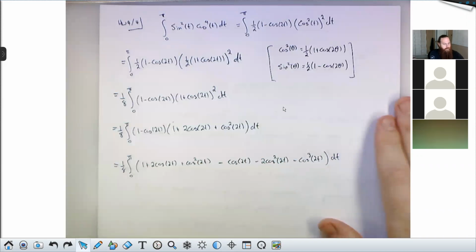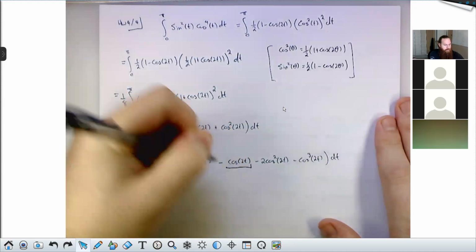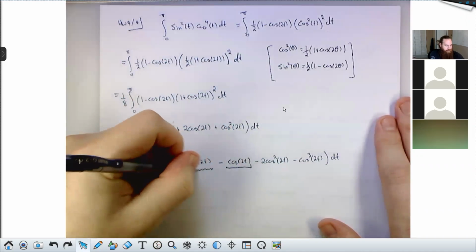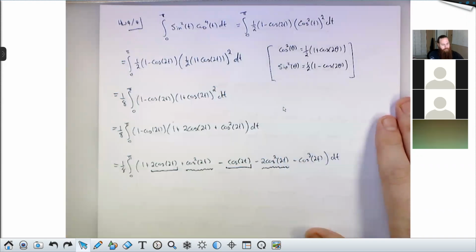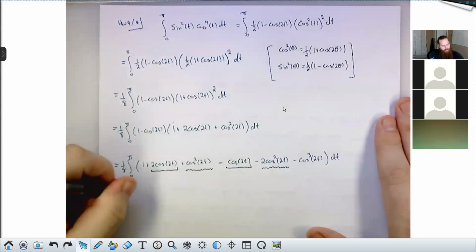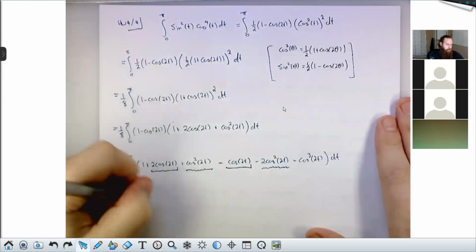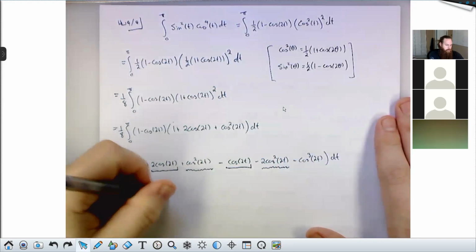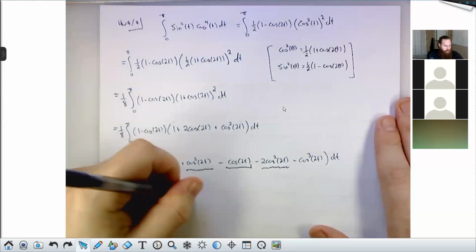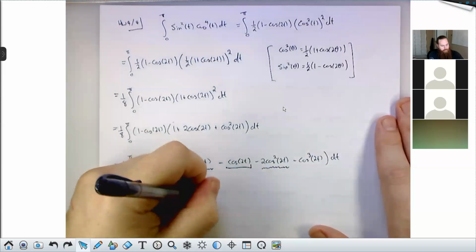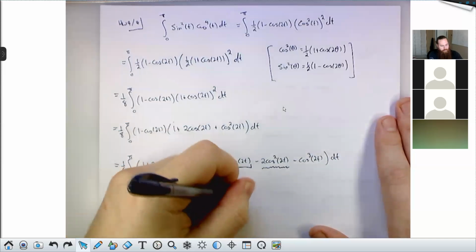There are like terms I can combine here: the plus 2 cos 2t and this minus cos 2t, the plus cos squared 2t and minus 2 cos squared 2t. So I got 1/8 integral 0 to pi of 1 plus cos 2t minus cos squared 2t minus cos cubed 2t dt.